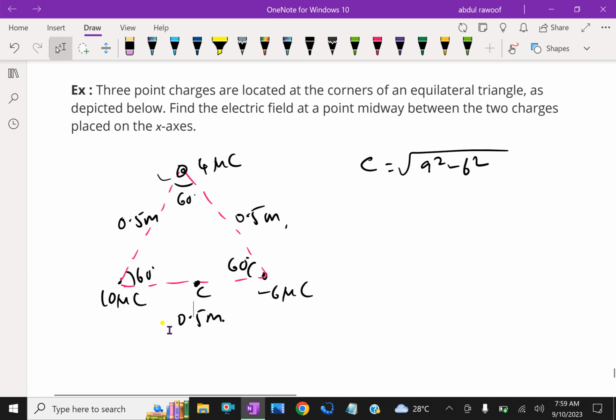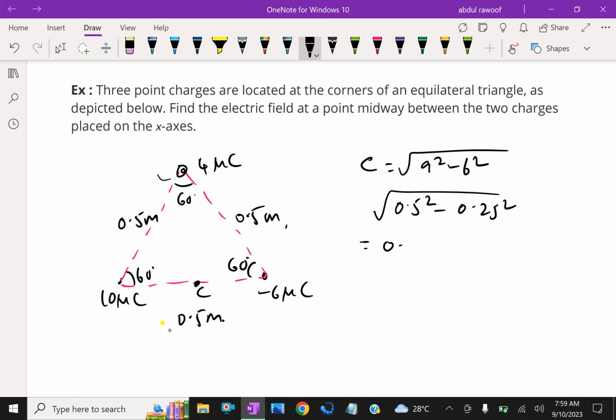That is 0.5 squared minus 0.25 squared, which is equal to 0.43 meter.